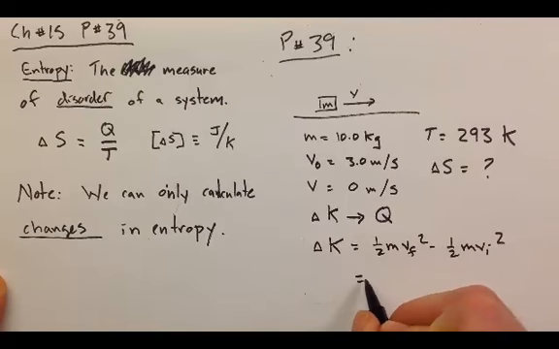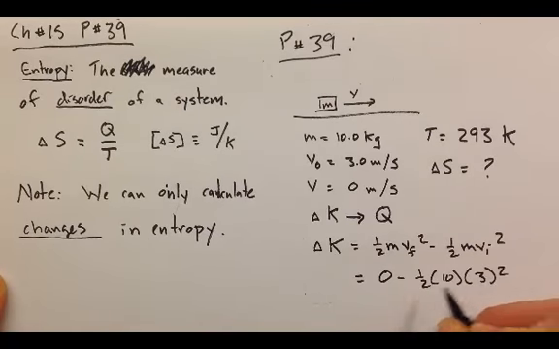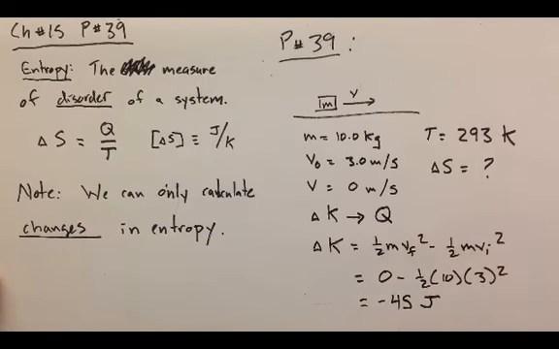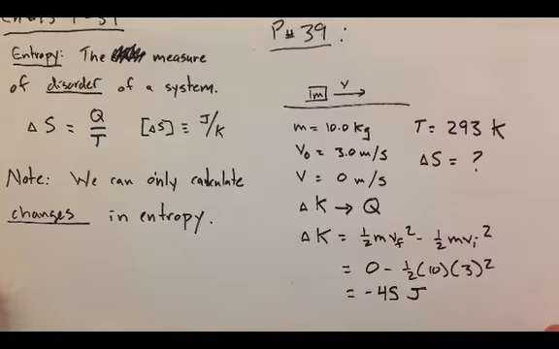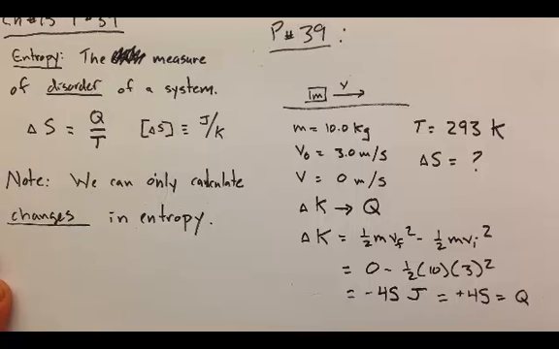The final kinetic energy is 0. 1 half of 10 times 3 squared means the kinetic energy decreases by 45 joules, which is also equal to plus 45 joules of heat gained by the floor and the box.